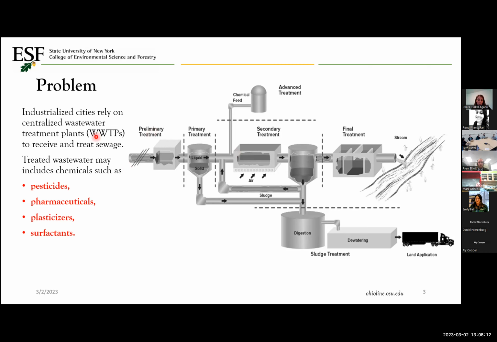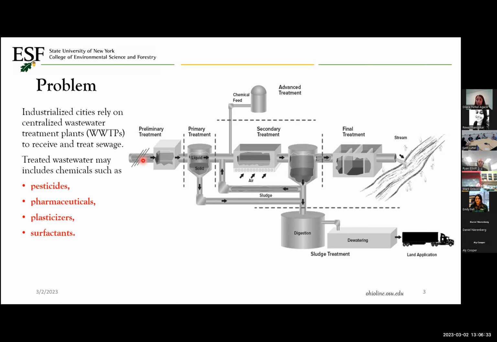Once the wastewater comes into the treatment plant, screening, grinding, and separating large solids and debris from the wastewater takes place in the first stage, which is also known as the preliminary treatment.